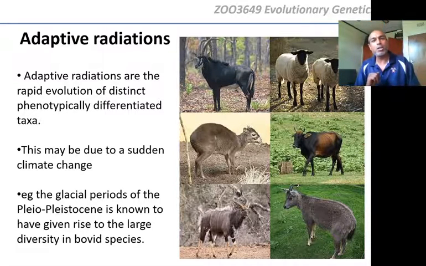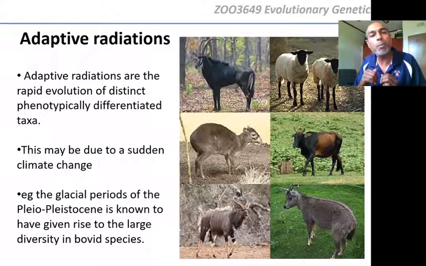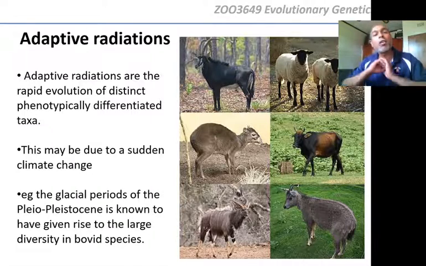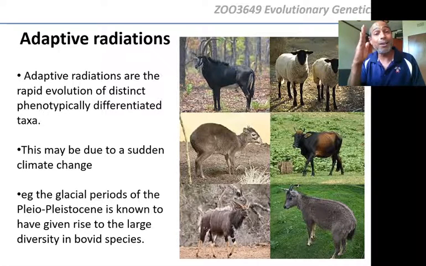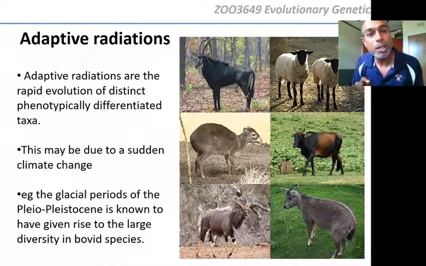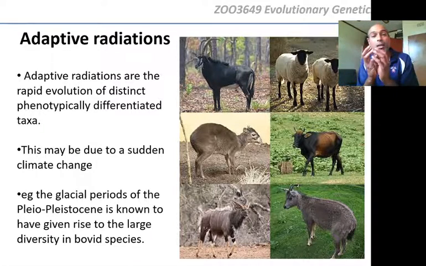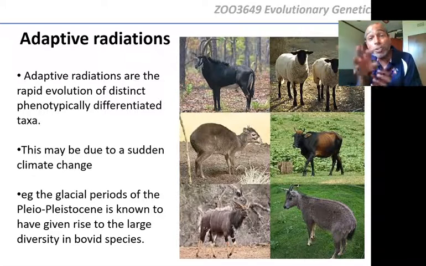What happened to the grasslands? The grasslands became widespread because when the climate became cold, it also became dry, and grasslands spread. Then, during an interglacial cycle, so not an ice age, the opposite of an ice age, the climate becomes wet again. And when it becomes wet, what happens? The grasslands shrink, and all the species that were living on the grasslands become isolated.